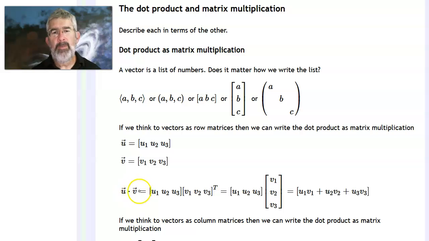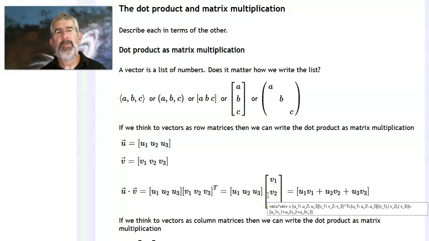I want to look at the dot product, and my claim is the dot product is equal to the first matrix times the transpose of the second matrix. So when you transpose that v1, v2, v3, you get this. Now I have a 1 by 3 matrix times a 3 by 1 matrix. The result is 1 by 1.